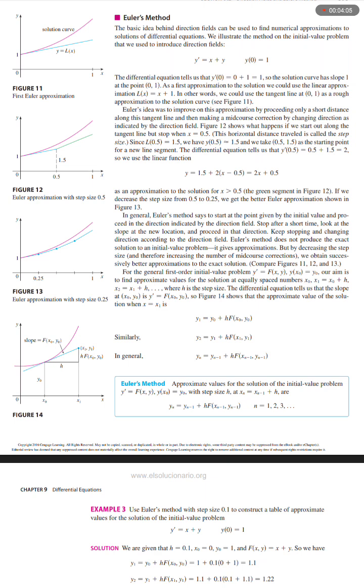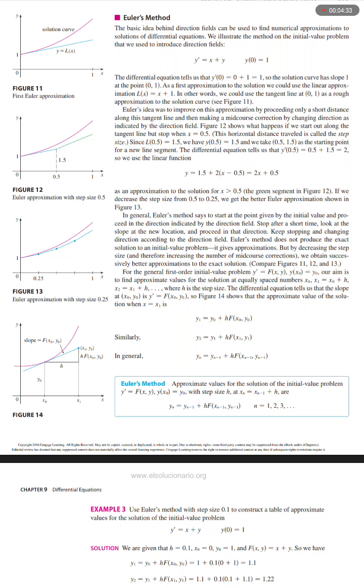Euler's method does not produce the exact solution to an initial value problem. It gives approximations, but by decreasing the step size, and therefore increasing the number of mid-course corrections, we obtain successively better approximations to the exact solution. Compare figures 11, 12, and 13.